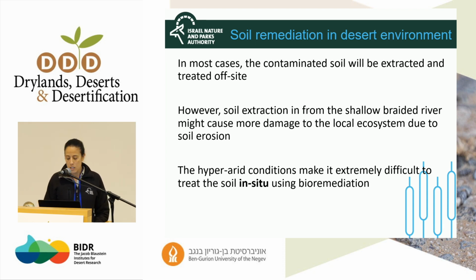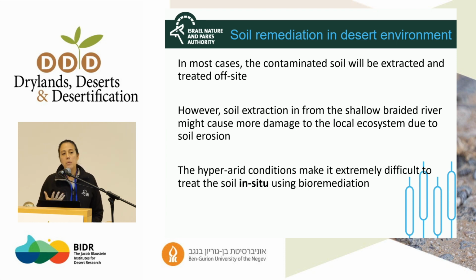However, because of the braided river, which has very shallow waterways, we were very concerned that extracting all the soil would create erosion because of the following floods and change the ecosystem completely because of our actions to excavate this oil out.